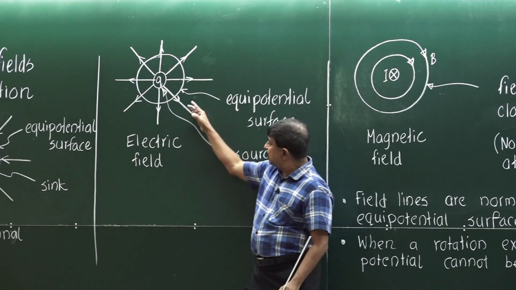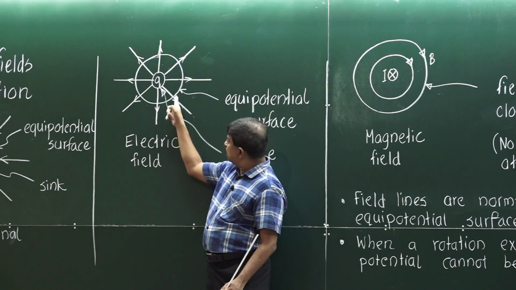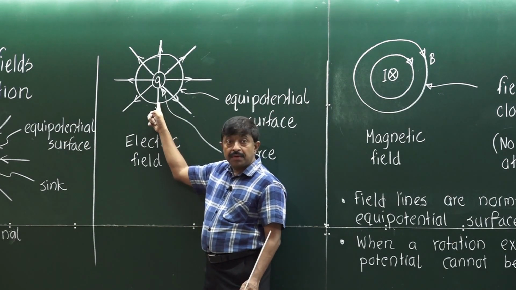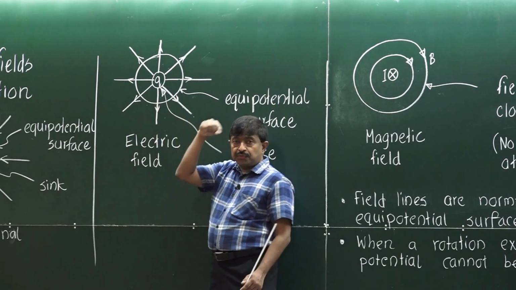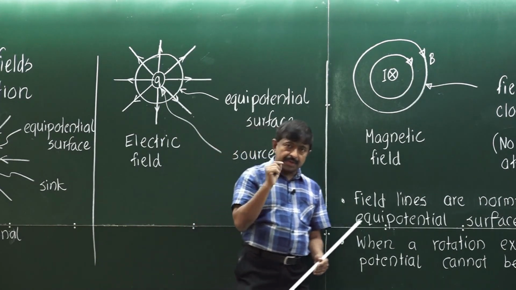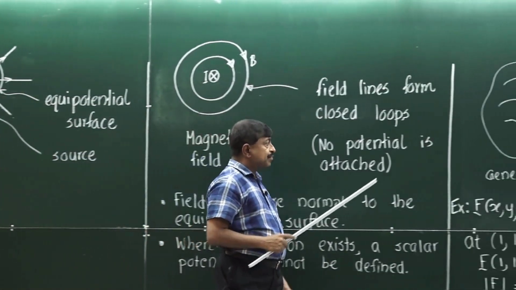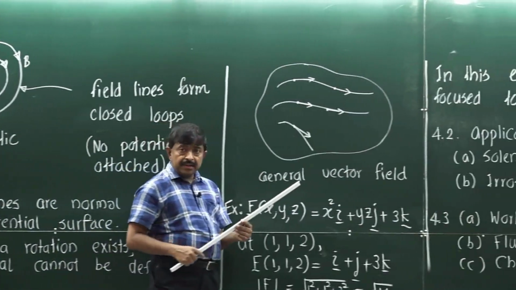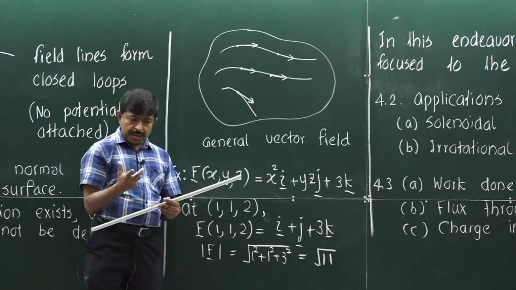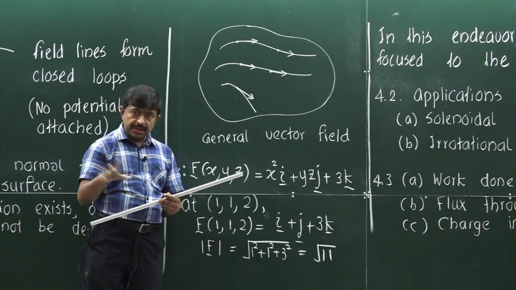At the same time, when you move here, probably along the equipotential surface, you have the same magnitude, but you have a different direction. So, everywhere at any point, you have some vector with a certain magnitude and a direction. A vector field is generally something like a fluid flow, or an electric field, or a magnetic field.